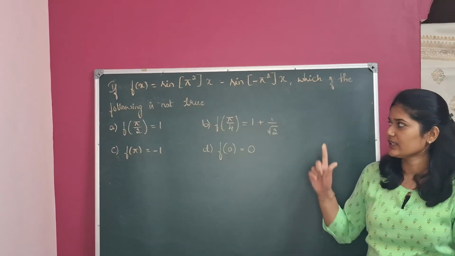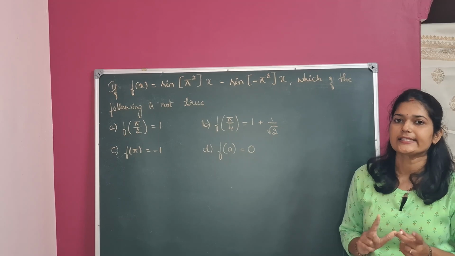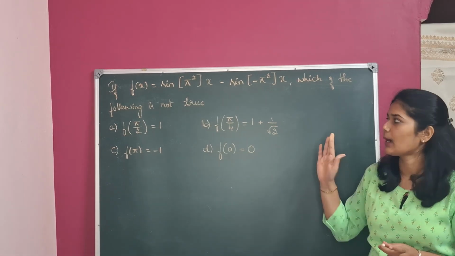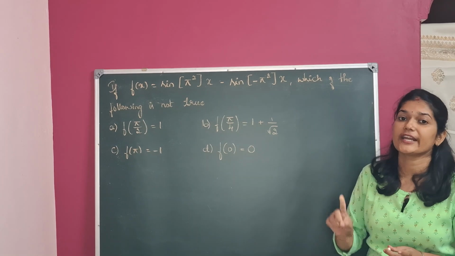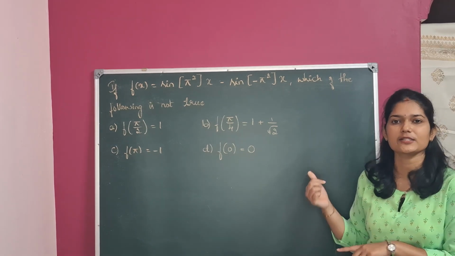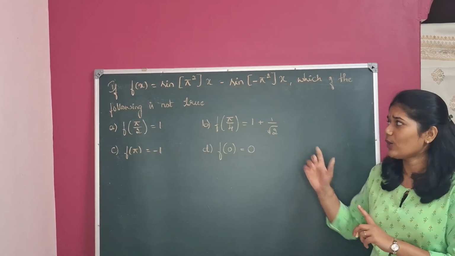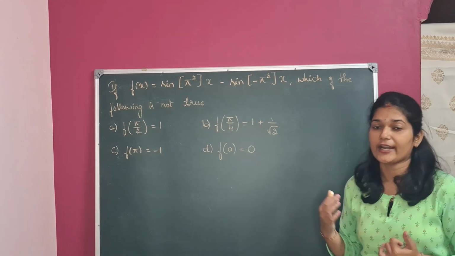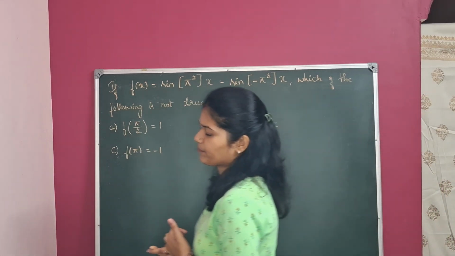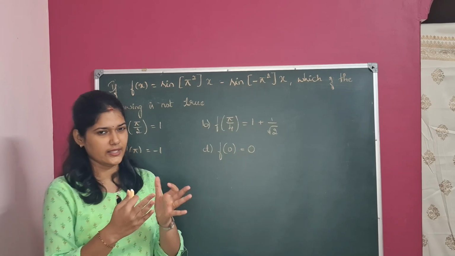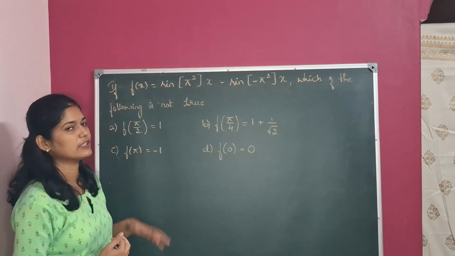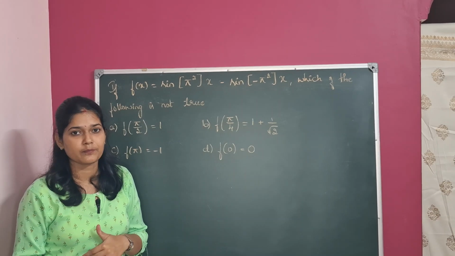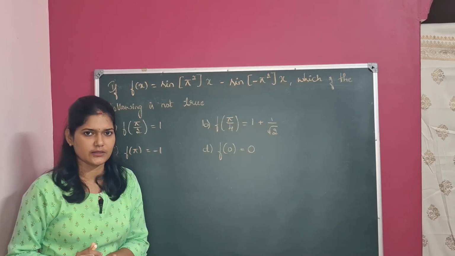Here they have given the function as sine of the greatest integer of pi square into x minus sine of the greatest integer of minus pi square into x. Now, we already know the greatest integer function and also we know the value of pi is somewhere near 3.14. Therefore, the value of pi square is 9 point something.